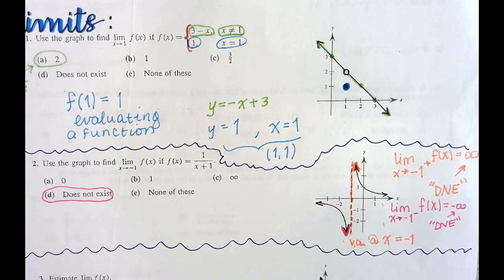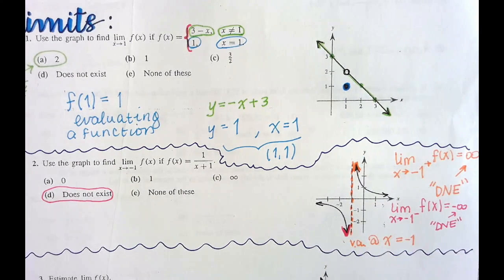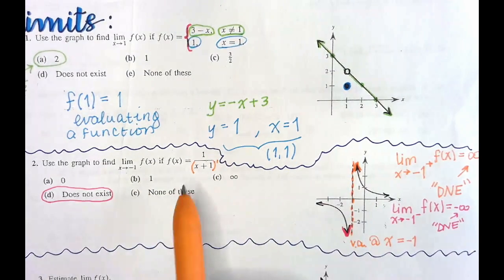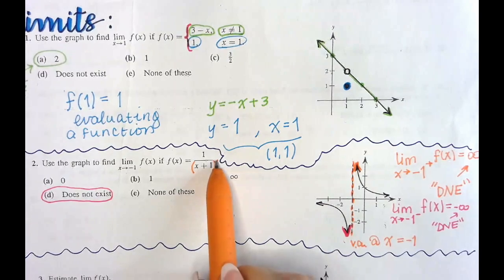Do you need to graph to do a limit question like this? No. Does it make your life a lot easier and faster? Yes. Another thing you could do, as we went over when we reviewed functions in the other video, is notice this factor is to the first power.